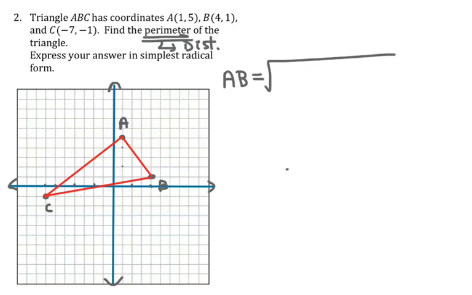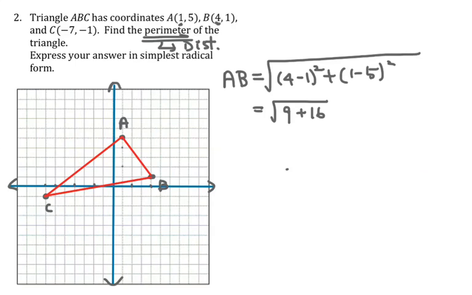So square root of x2 minus x1, so 4 minus 1 squared plus 1 minus 5 squared. What is that equal to? That's right, 4 minus 1 is 3, squared becomes 9, plus 1 minus 5 is negative 4. But when you square negative 4, we end up getting positive 16. So we get square root of 25, and we know that to be equal to 5.